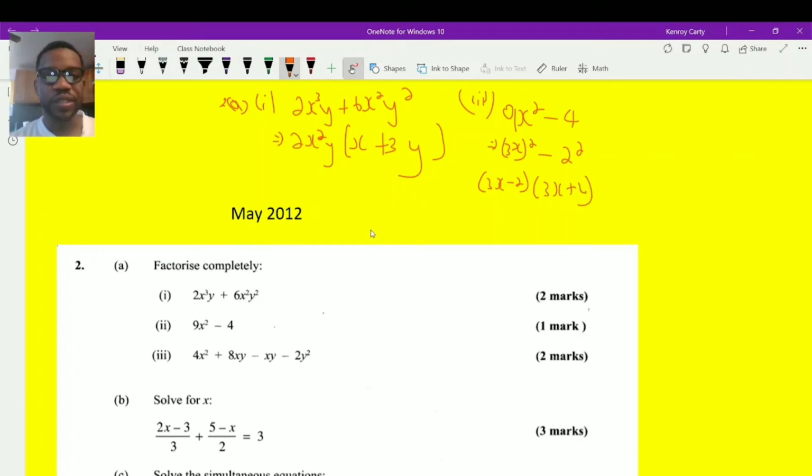Alright, let me put part 3 right here. We have 4x squared plus 8xy minus xy minus 2y squared. Alright, good. Now, once again, it's 4 terms.